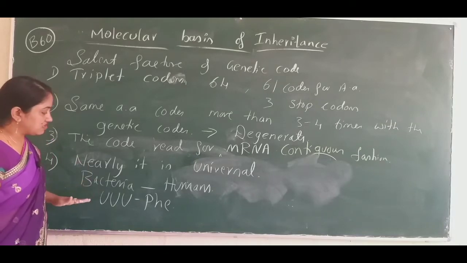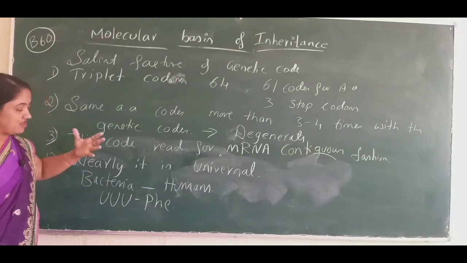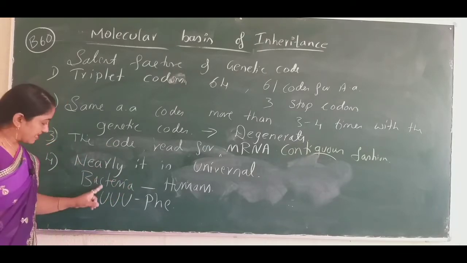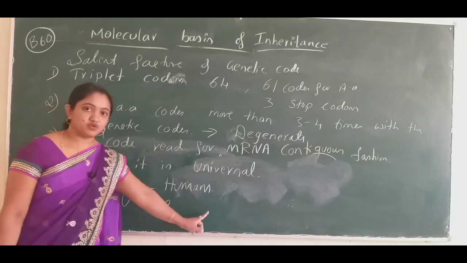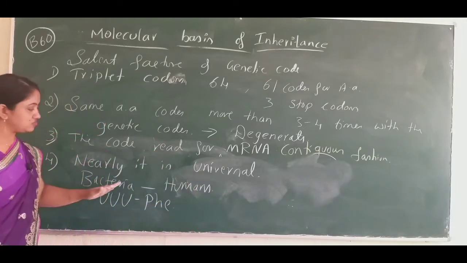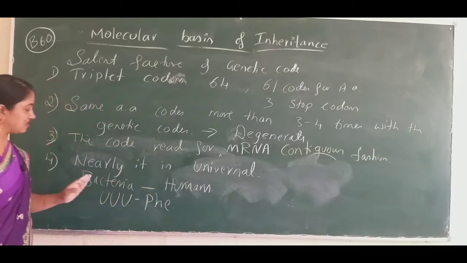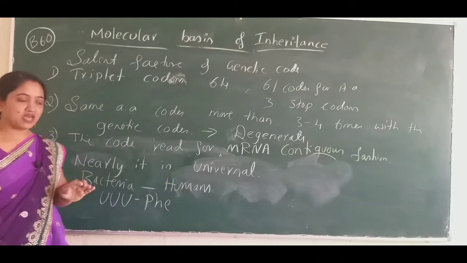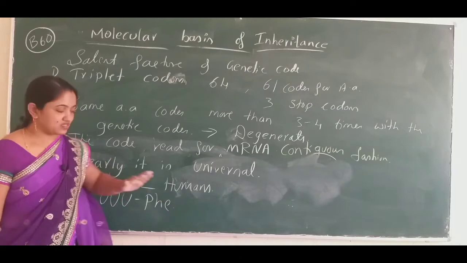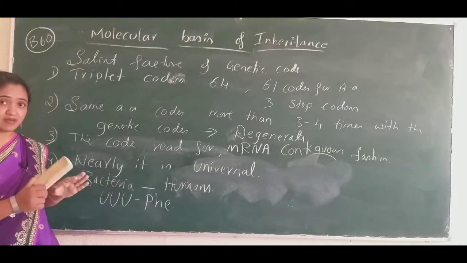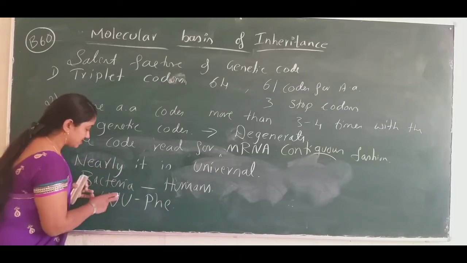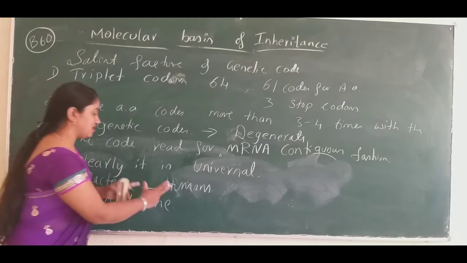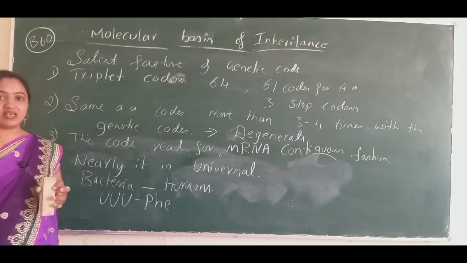If we start learning all those things, we'll find the same answer in bacteria and also in human beings. There is no change in the unicellular or multicellular organism. The same genetic code codes for the same amino acid.